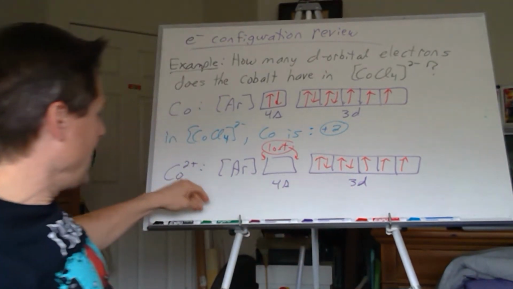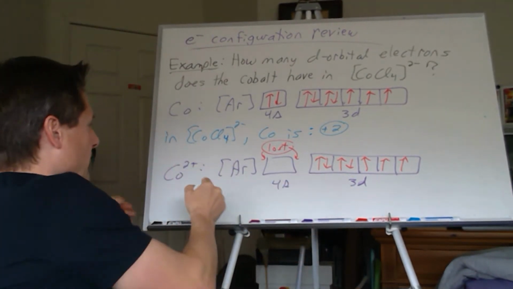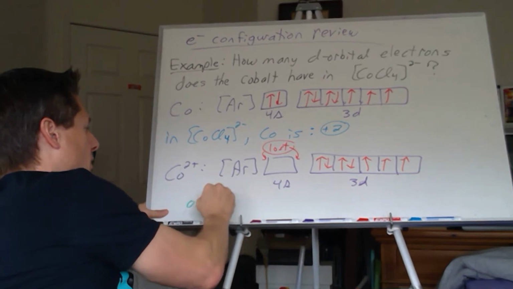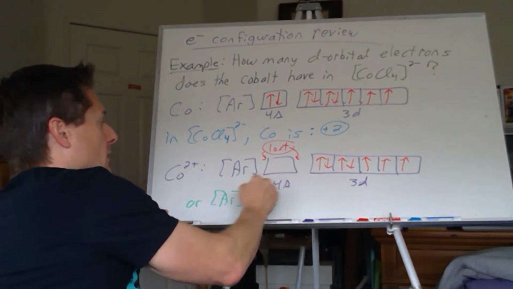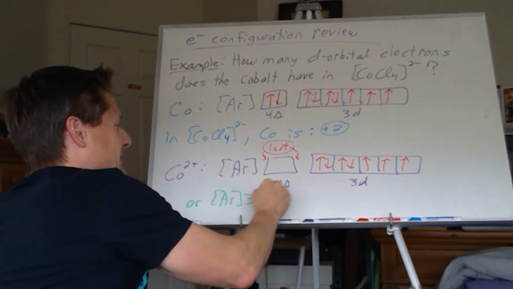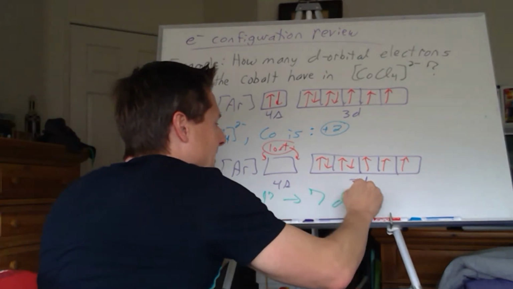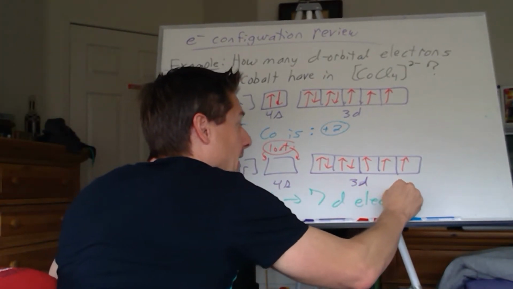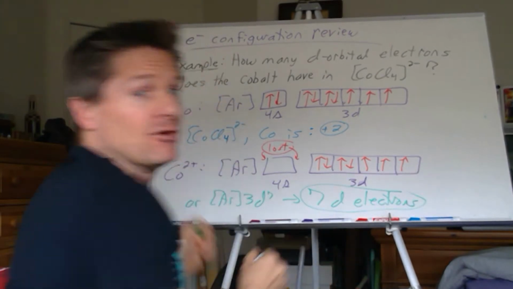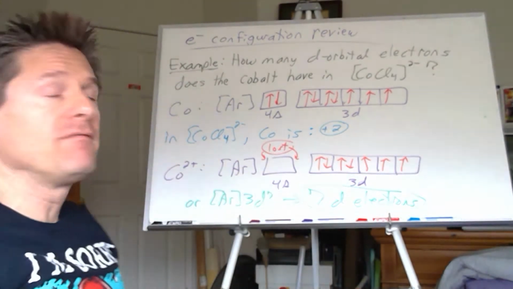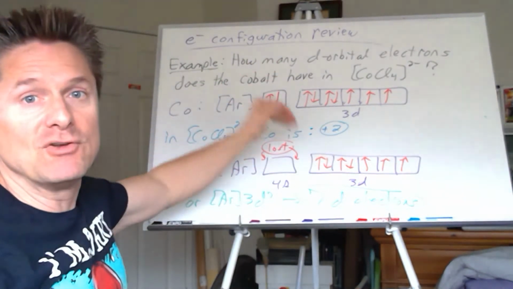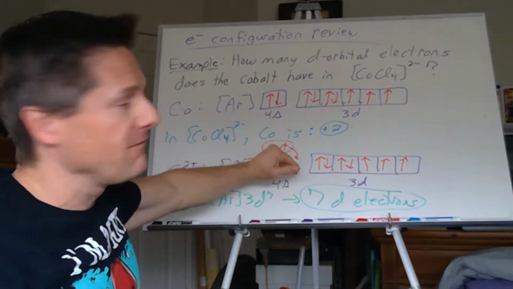Now, if you want to do that as just a regular spdf electron configuration, you could just put argon 3d7. So we have 7 d electrons. Now, a lot of you will be able to do that in your head. That is perfectly fine. You don't have to waste your time on an exam doing the neutral metal and then figuring out where it goes.